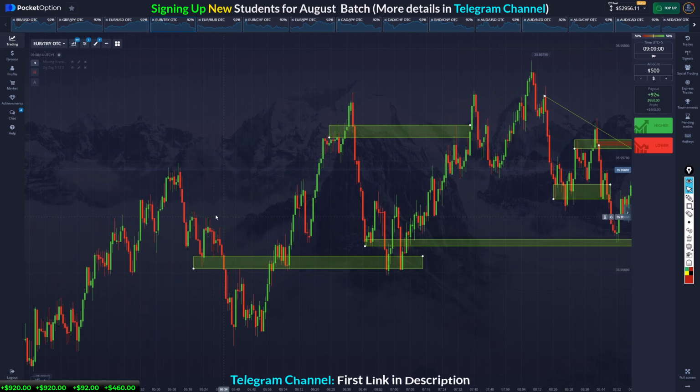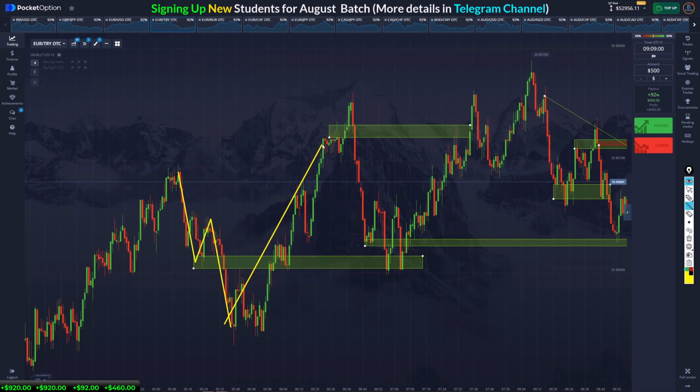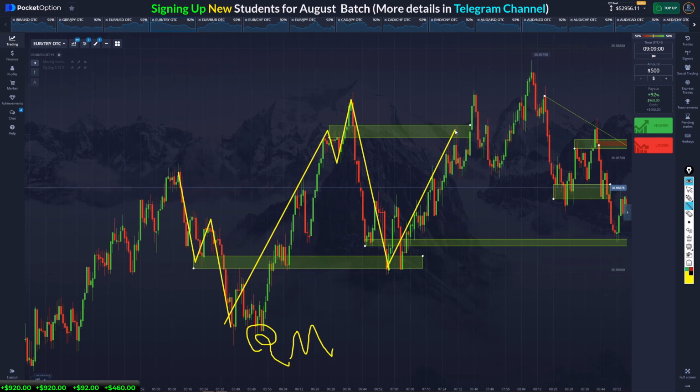So you see, low, high, lower low, higher high, it came down and reacted from this one. It has created this one. It reacted from this QM. Again, it reacted from this QM. It went up, came down, and created this QM down here.